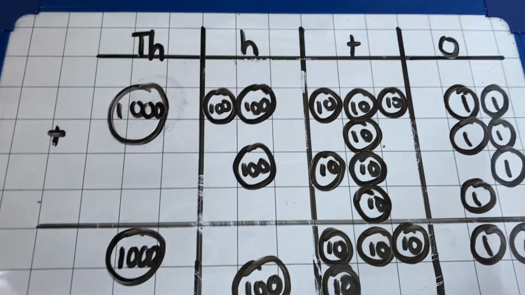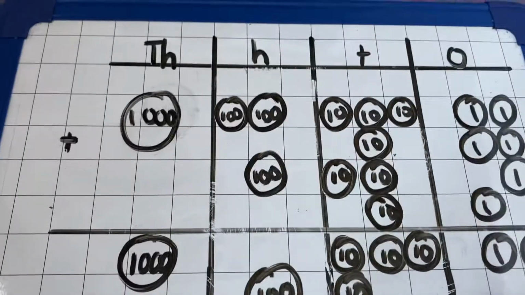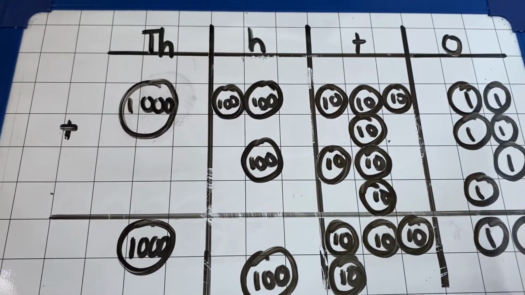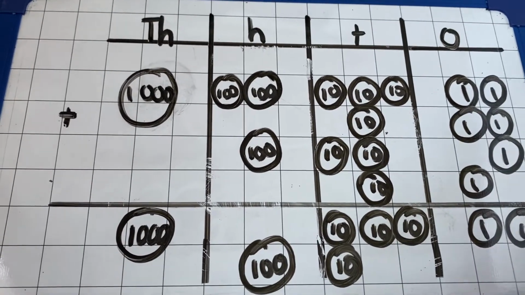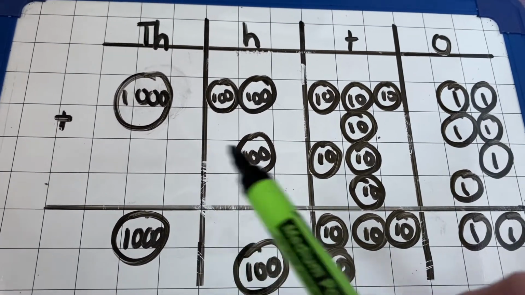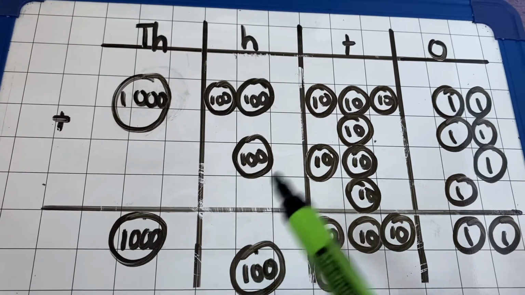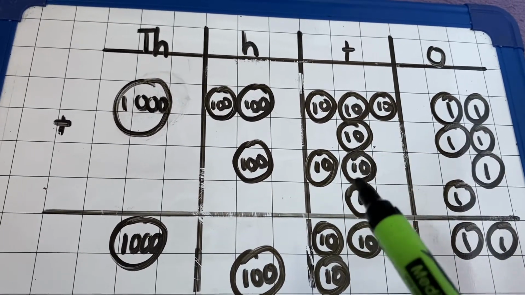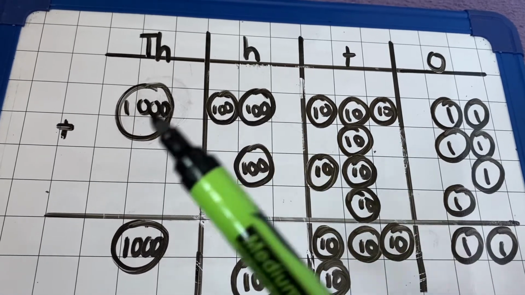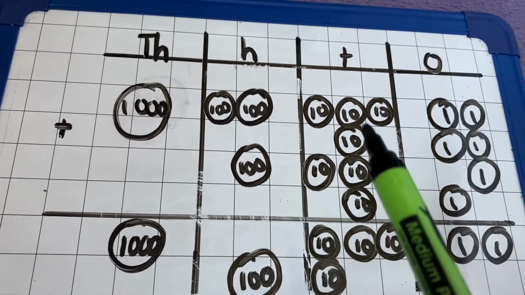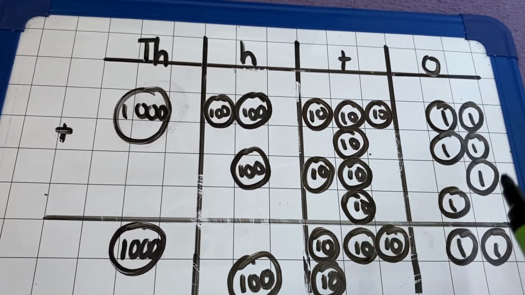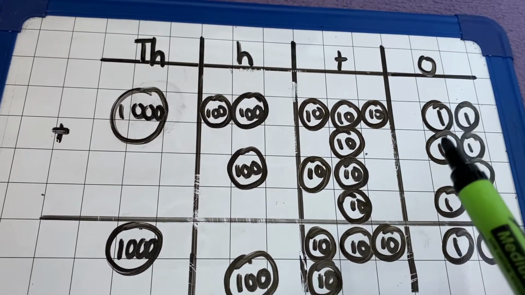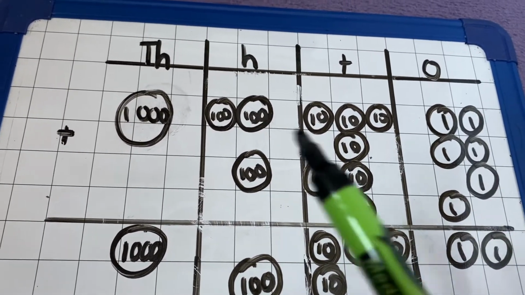As in Year 3, children will then build on to drawing pictorial diagrams to represent the working out. Here we have 1,300 and 10, 20, 30, 40, 50, 60, 70. 1,376.